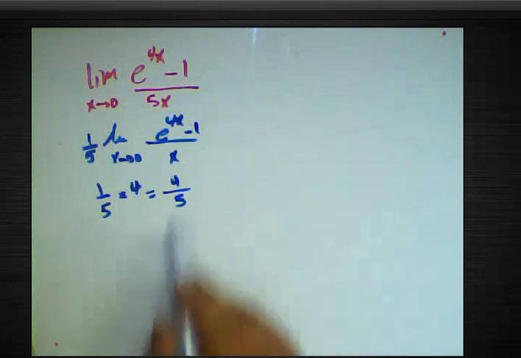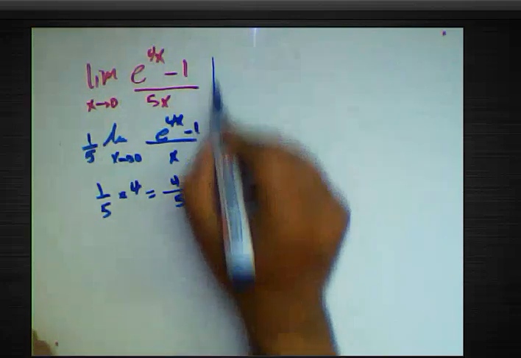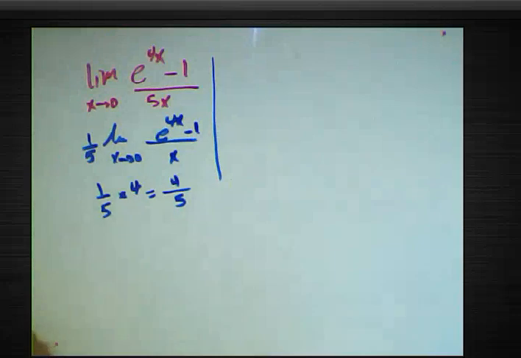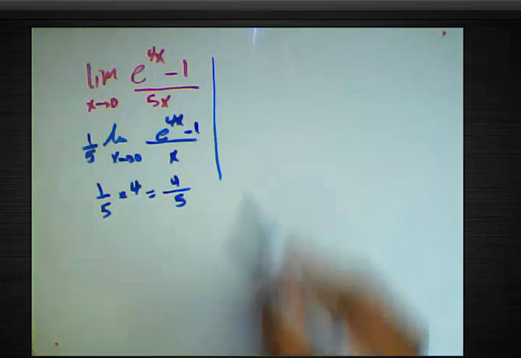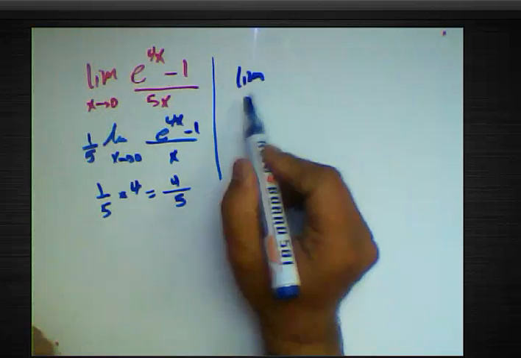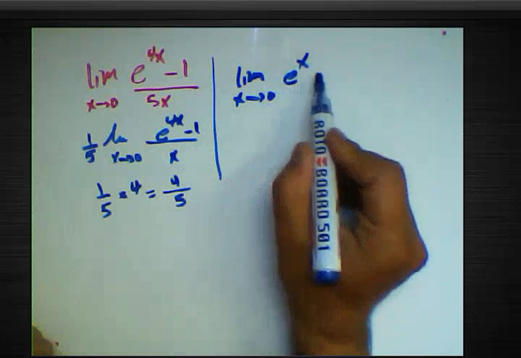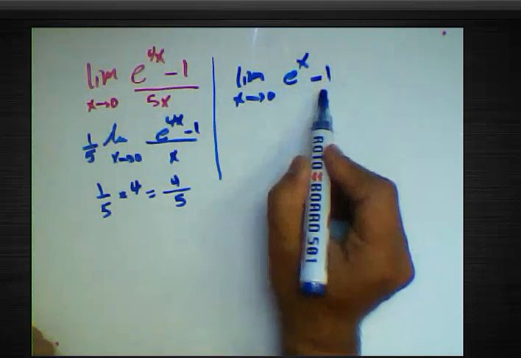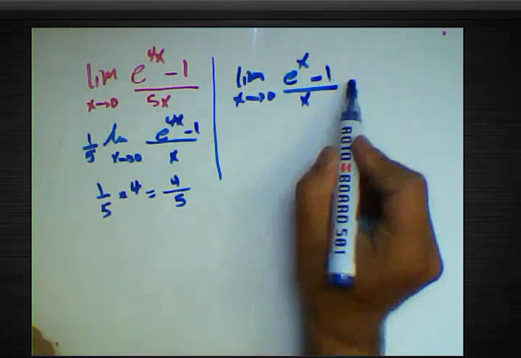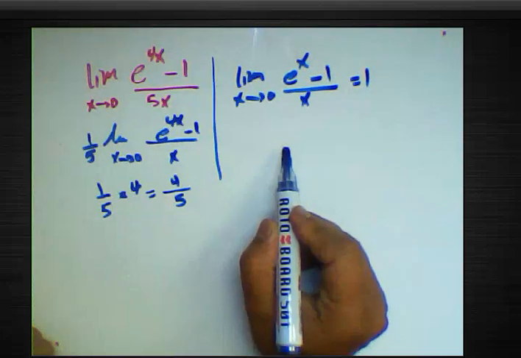Okay, why do we solve this example here? I will tell you the rule about this example. Look at this rule: the limit as x approaches 0 of (e to the power x minus 1) over x equals 1. Why?